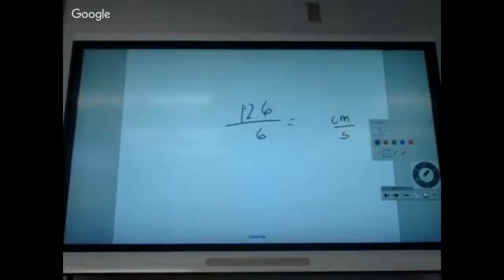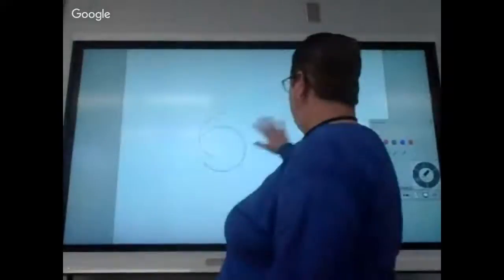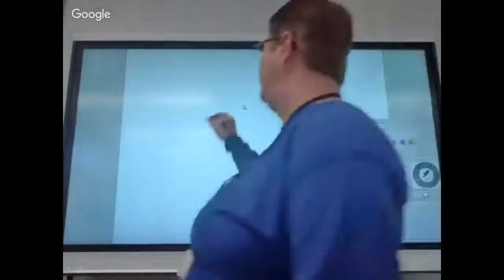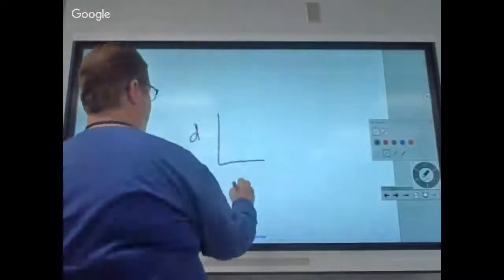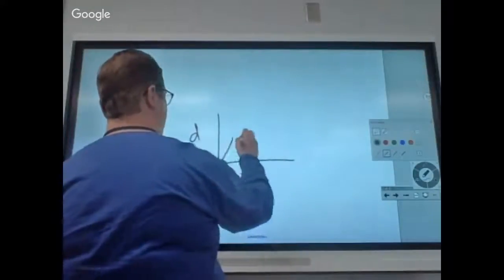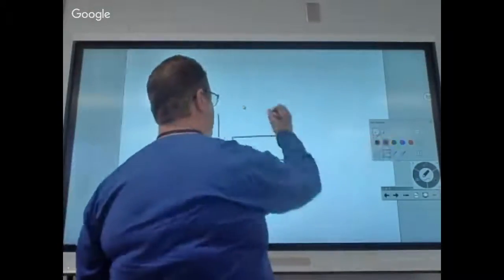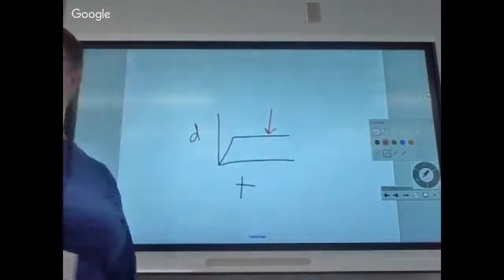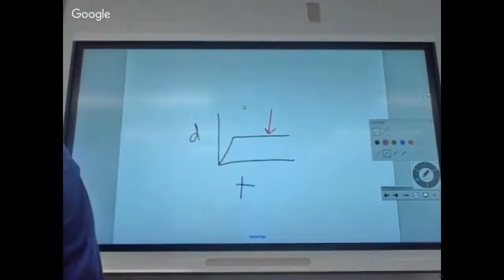This is what most of you told me on the graph if you drew a graph. You drew this. Distance, time, you had this, and then this. Now, what does this mean for our graph? Didn't we just say that meant something a few minutes ago? It's not moving.